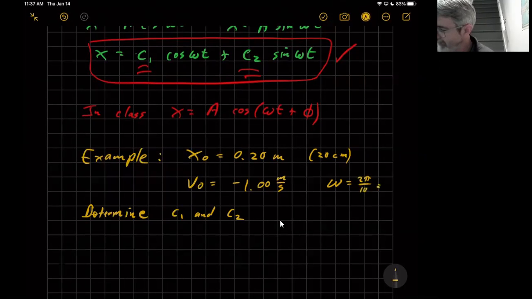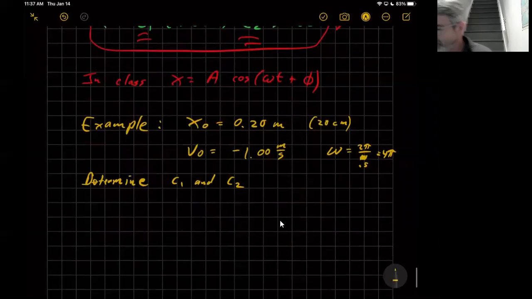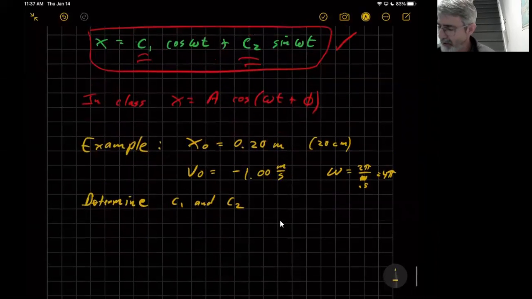The period shouldn't be something like 10, it should be something like 0.5. So let's go with 4 pi for omega. That will give us an oscillation rate, though it won't be so important in determining this. So we need to figure out what C1 and C2 are.